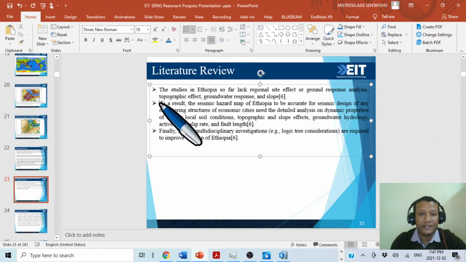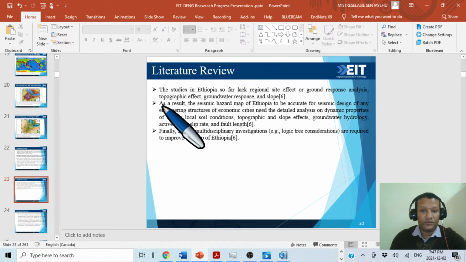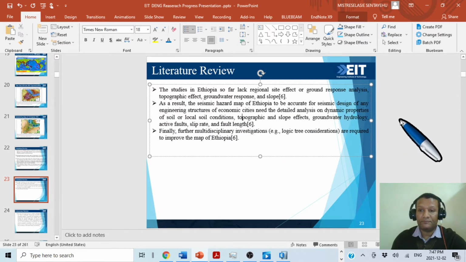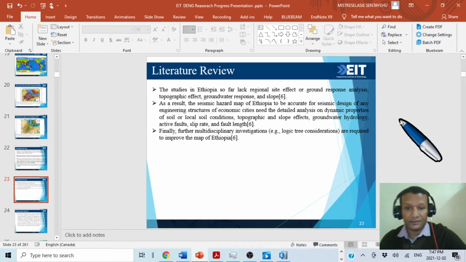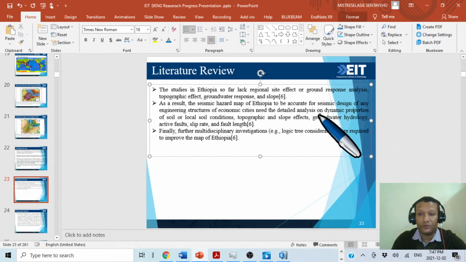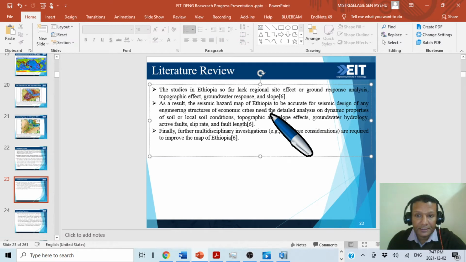Okay, clustering and in the generation of PSHA, probabilistic hazard assessment or deterministic hazard assessment, and to come up with the seismicity map of Ethiopia. So all should be included. But as I told you, the first generation was designed by Guanin. He's a Canadian guy.